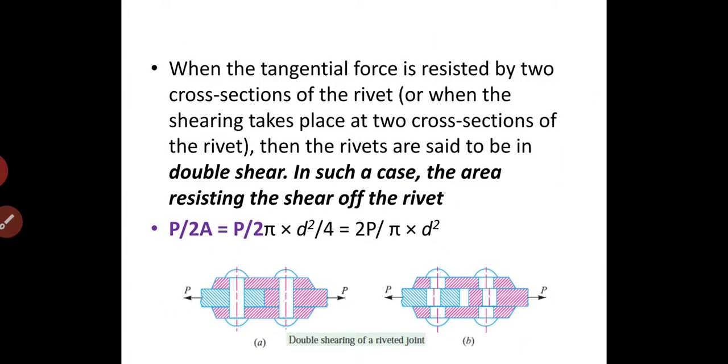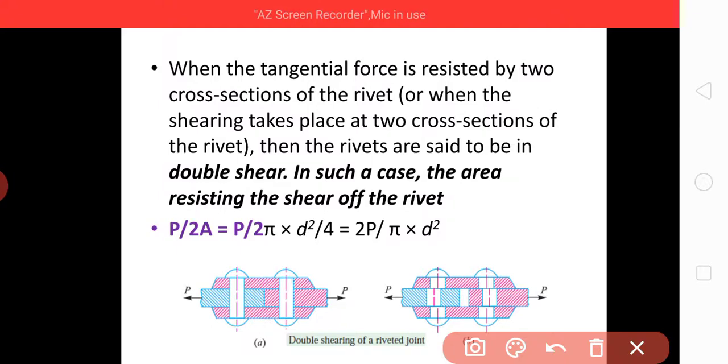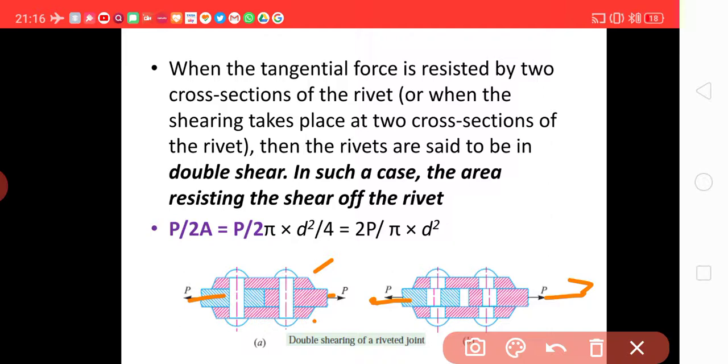Next, take the case here. In this, these are the rivets holding these two plates with the cover plates, this one and this one. When we apply a force here, the rivet will shear at two planes, here and here. So it is double shear. So effectively the cross sectional area is doubled compared to single shear.